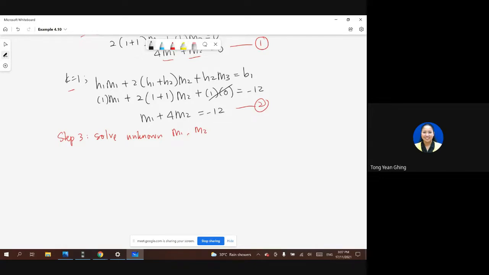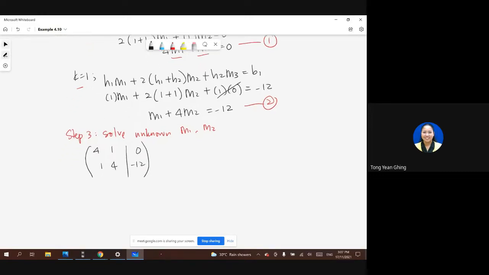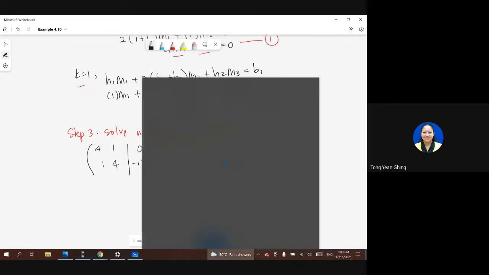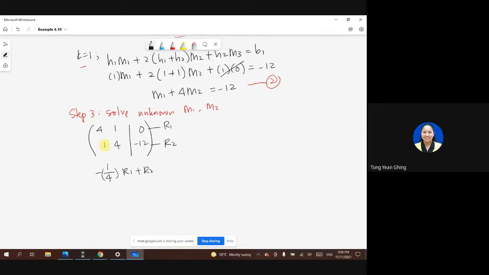We have two equations, so we can put them in matrix form: 4, 1, 0 and 1, 4, negative 12. Let's say I want to eliminate this entry to make it zero. Let's call this R1 and this R2.